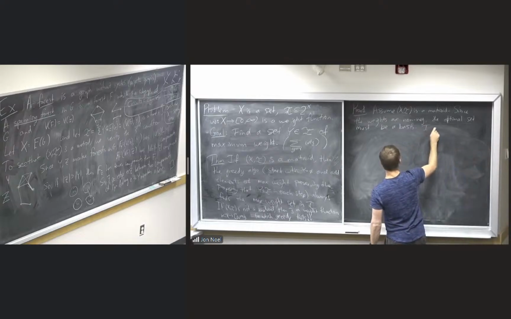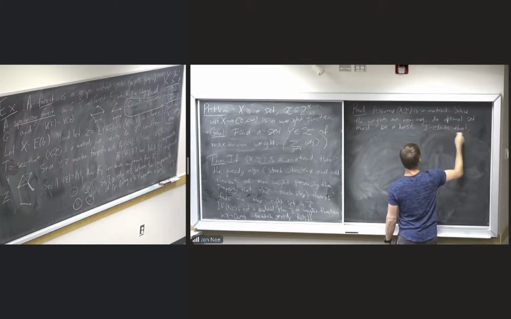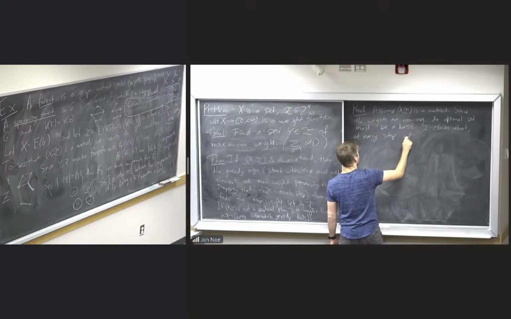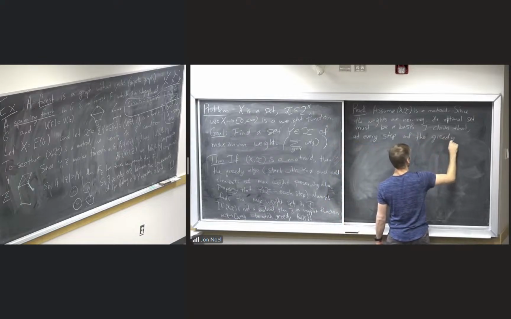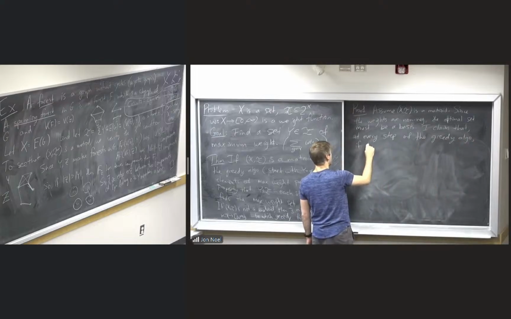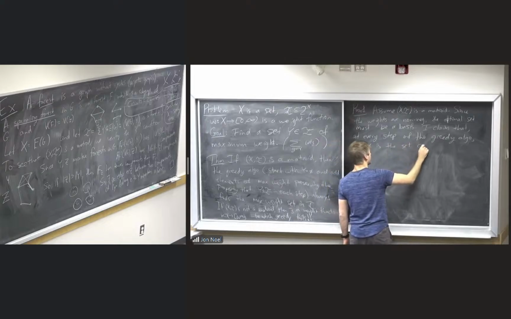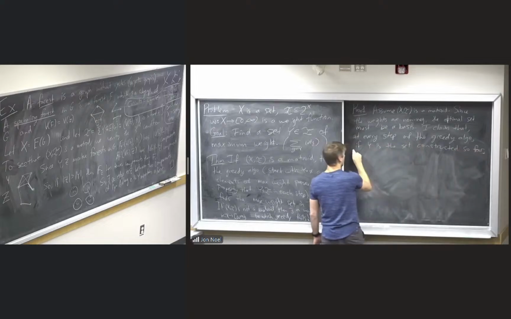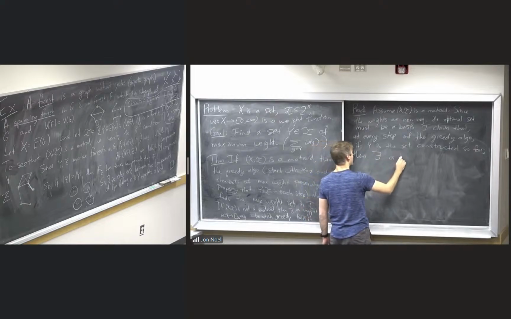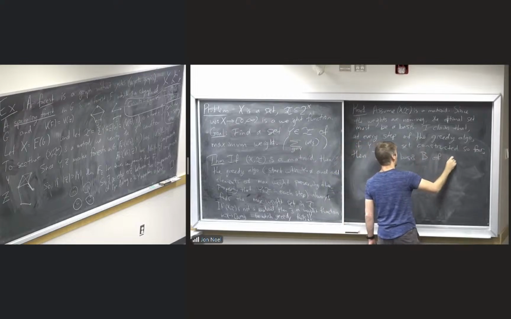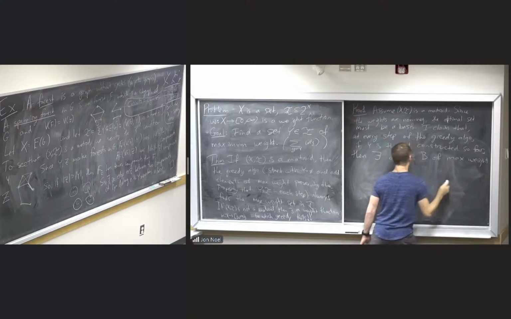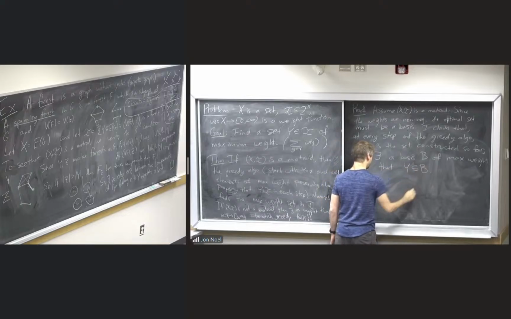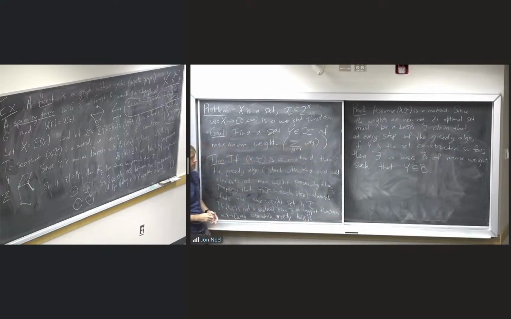So here's what I claim. I claim that at every step of the greedy algorithm, if Y is the set constructed so far, then there exists a basis B of max weight such that Y is a subset of B. Okay.